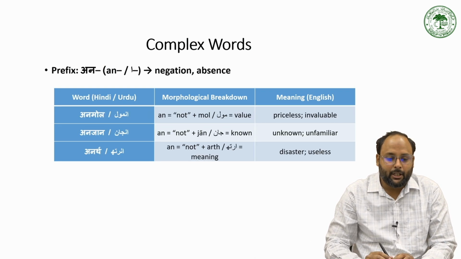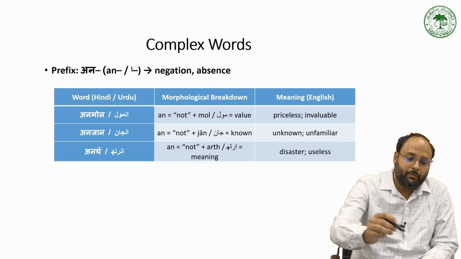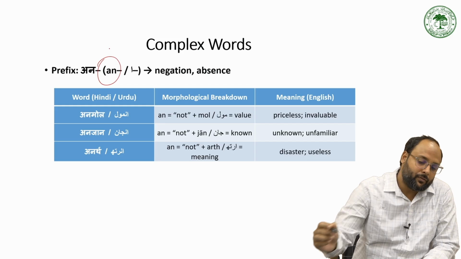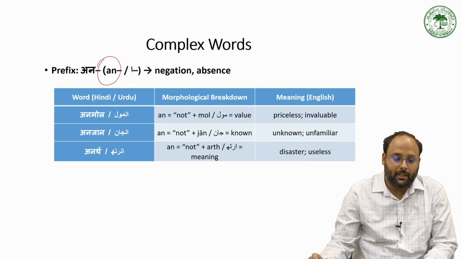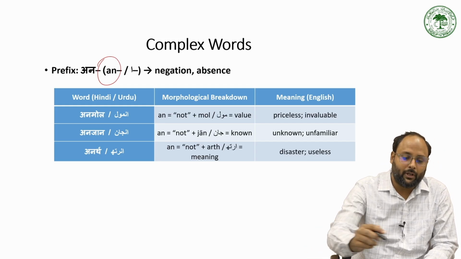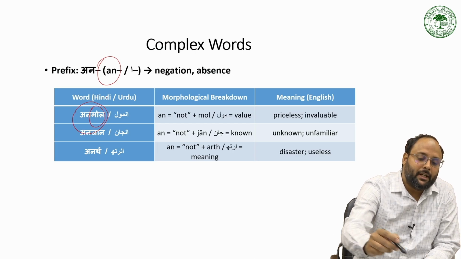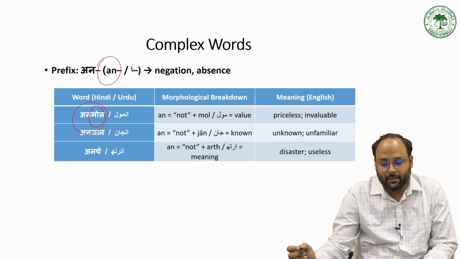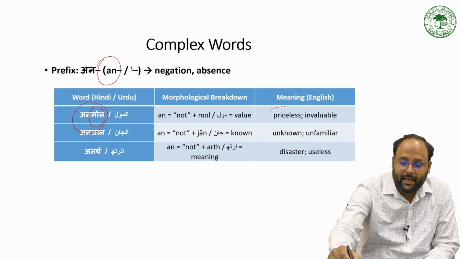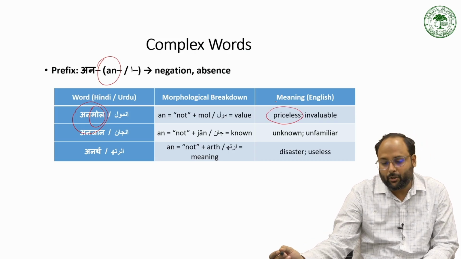And we have another example of a prefix in Hindi, like an. By the prefix an, we can create lots of words like anmol, anjan, unearth. Anmol: mol is the free morpheme or the lexical word to which we are adding the prefix an, and it gives the meaning of priceless. So they give the meaning of negation or absence.